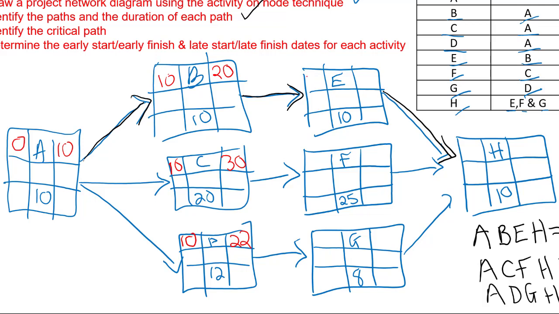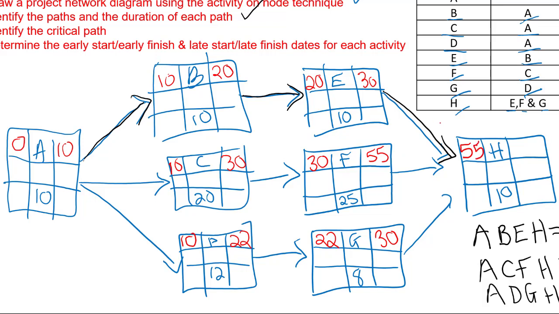Moving to E, we're going to take 20 across there. F, we're taking across 30. And here 22 for G. 20 plus 10 is 30. 30 plus 25 is 55. 22 plus 8 is 30. Now in this merge activity, we need to take the largest number across, and it's 55.